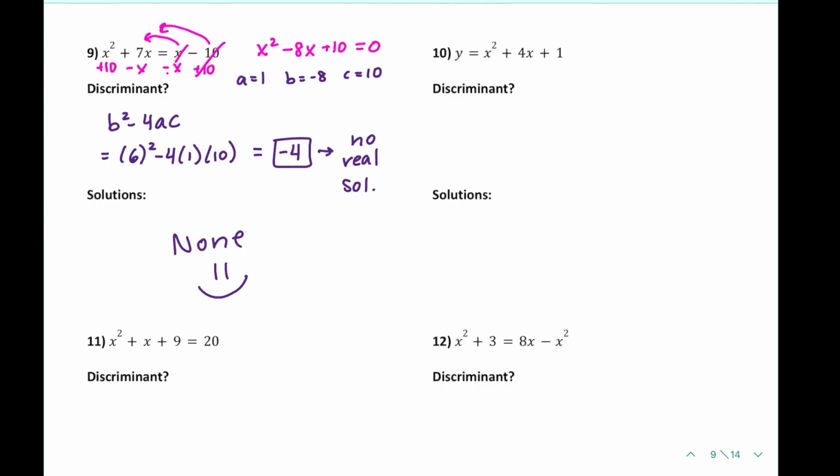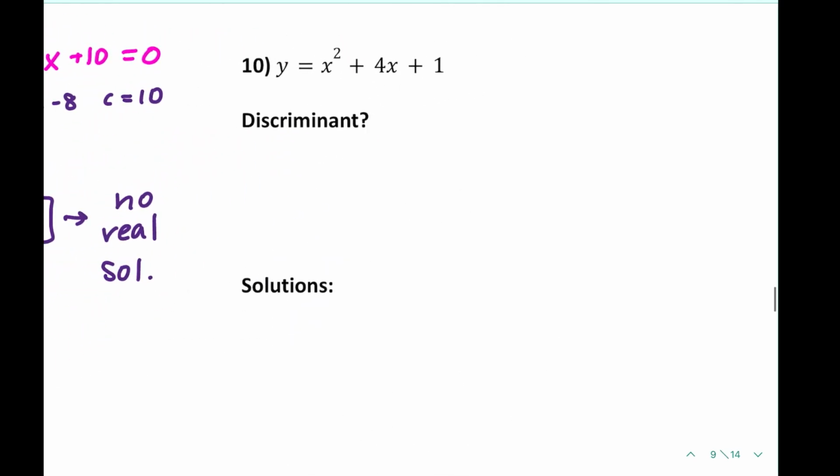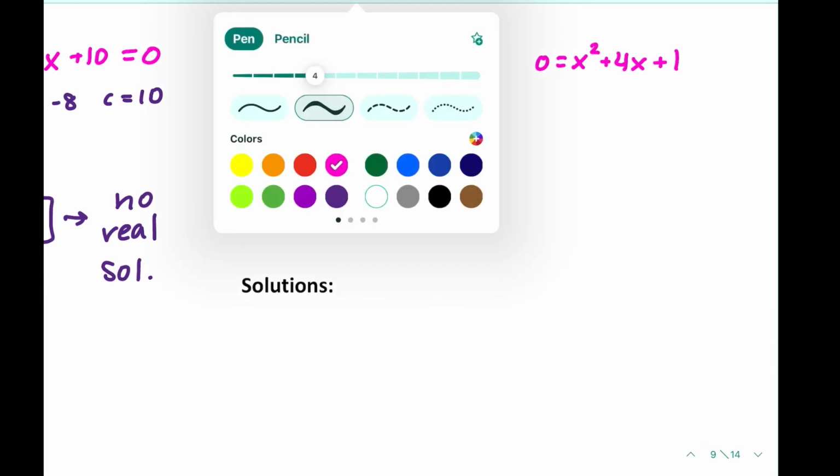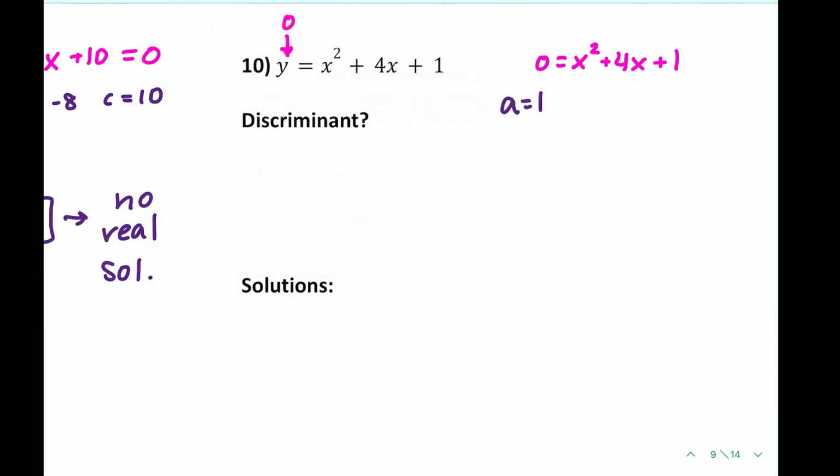So here's number 10. On number 10, I need to replace y with 0. So I get that 0 equals x squared plus 4x plus 1. Quadratic formula. A equals 1. B equals 4. C equals 1. Again, we're just asked for the discriminant for now. So b squared minus 4ac.